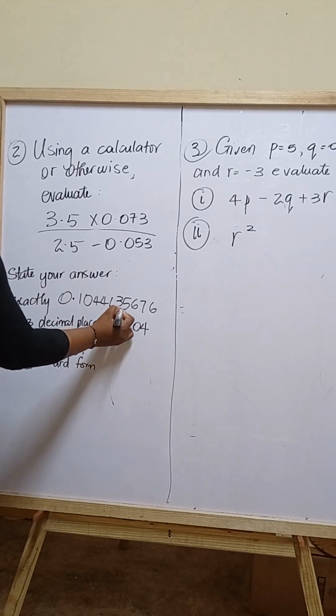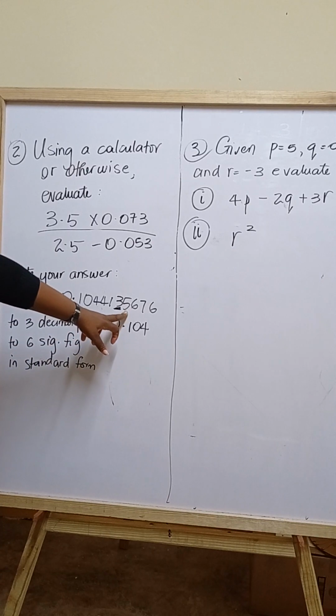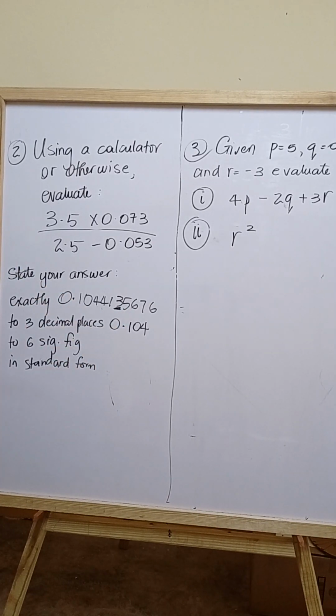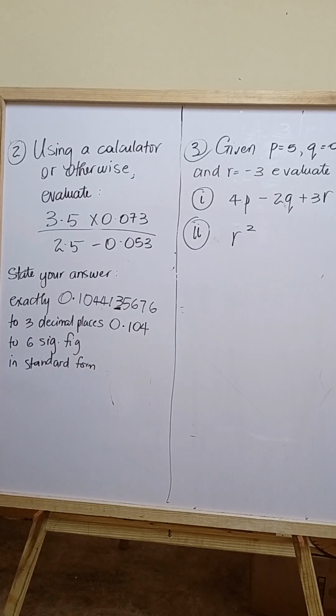This 3 is in the 6th significant place. So the digit to the right of it is 5. So we are going to add 1 to the digit we are rounding, which is the 3. It makes it 4. And we discard the rest of the digits.